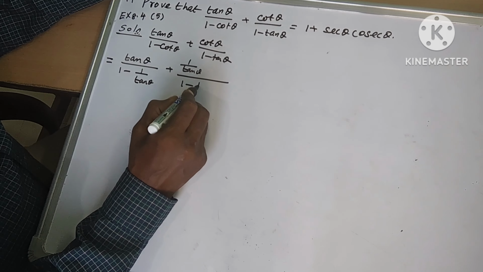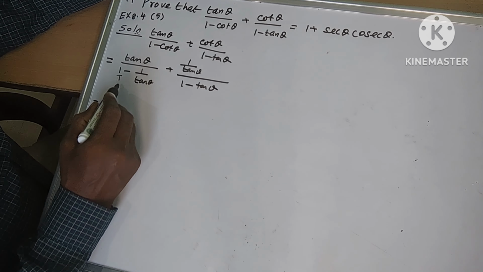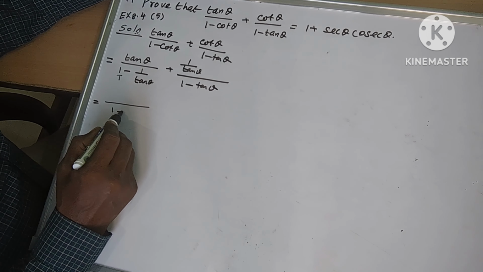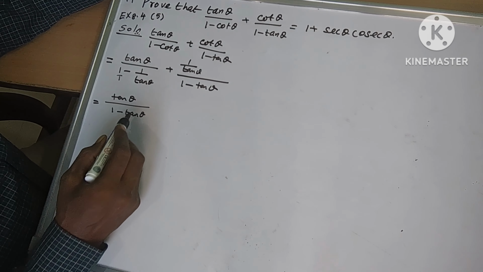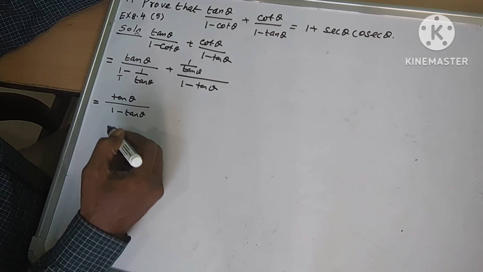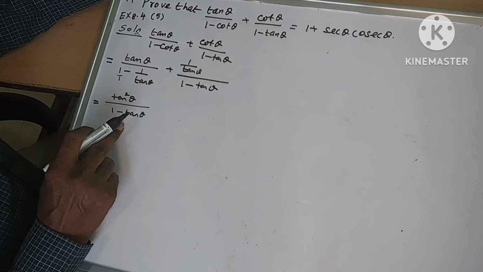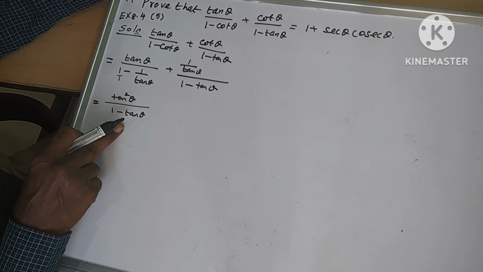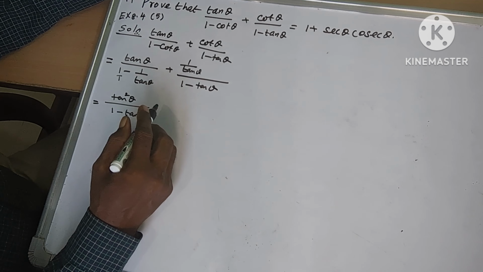Now we simplify this. The denominator tan theta will go to the numerator, and the tan theta goes to the numerator here, that is totally tan square theta.